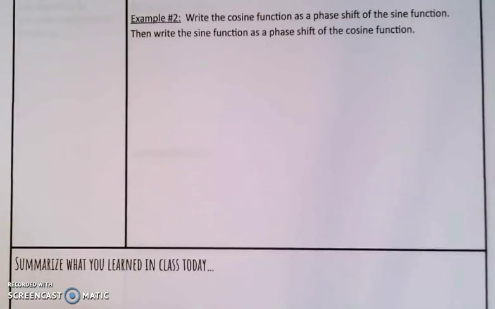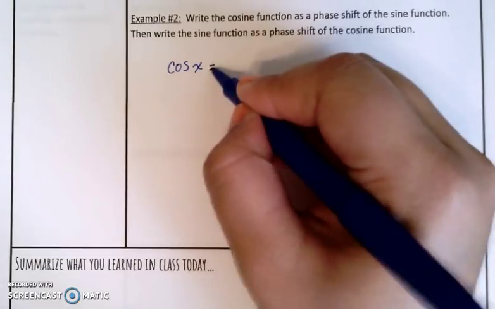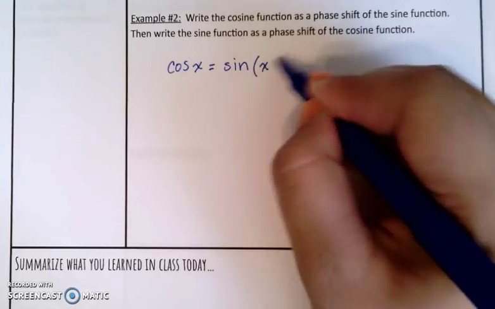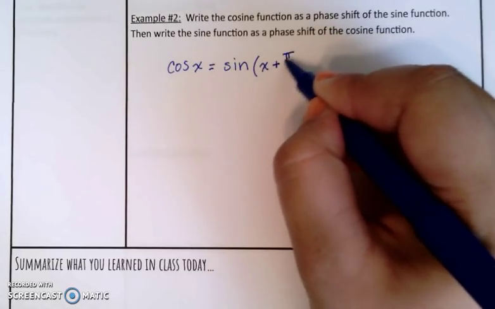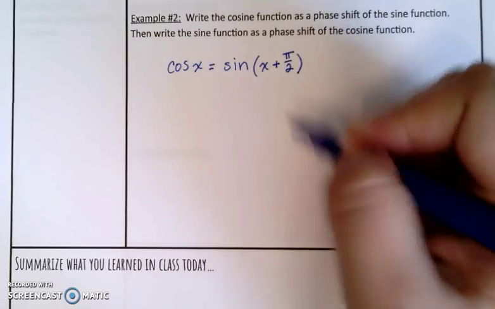For example 2, we want to write the cosine function as a phase shift of the sine function and the sine function as a phase shift of the cosine function. Remember, phase shift, which is our horizontal shift, is adjusted by our variable h. So when we write cosine of x in terms of sine, it would be sine of x plus pi over 2, where our phase shift is pi over 2.